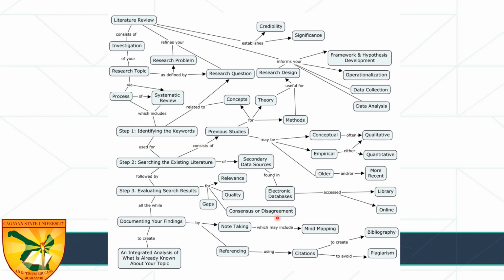And it will also give insights on the weaknesses and problems of the previous studies. So consequently, the researcher will be properly guided on how to handle or avoid the same problems which he may encounter in his own study. So this may help and guide also in locating more bibliography or more references of the study which may be similar to your study.